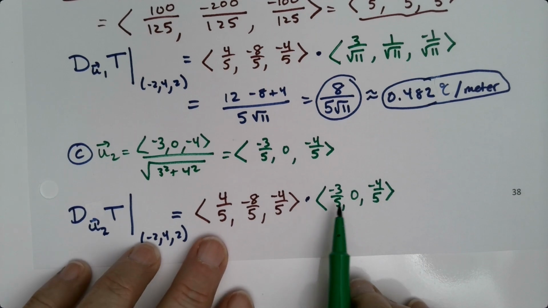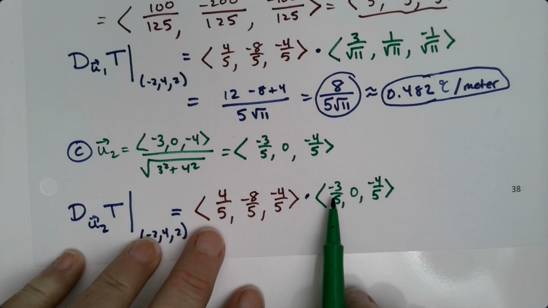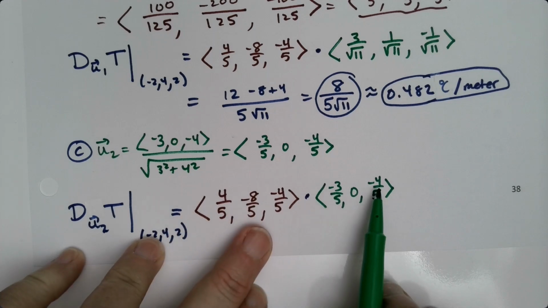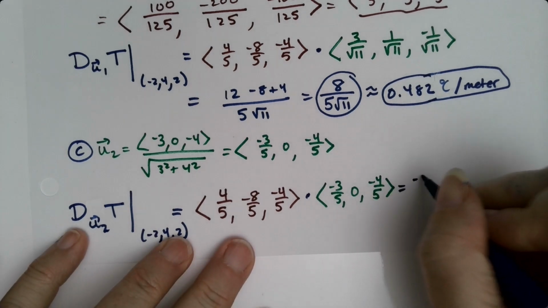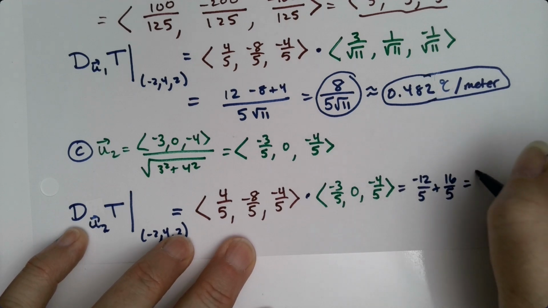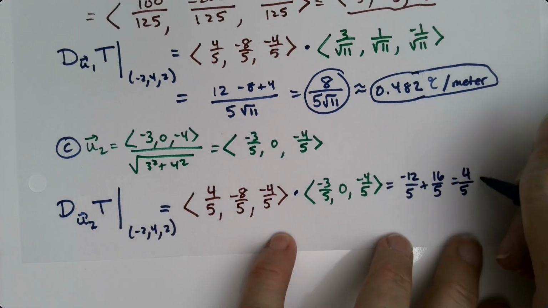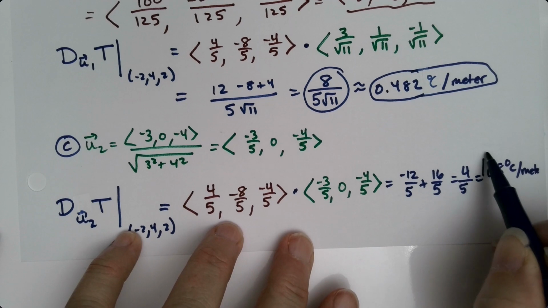And again, this is really easy. The middle term is going to become 0. That's -12/5 plus 16/5, which is 4/5 or 0.8 degrees Celsius per meter. I'll just leave it like that.